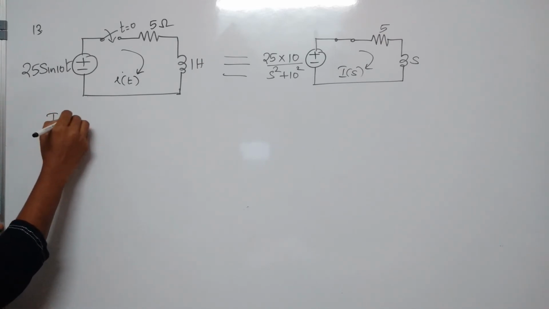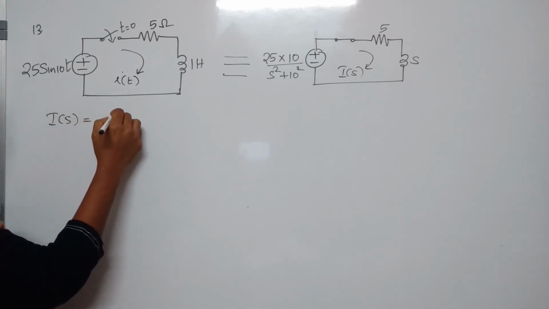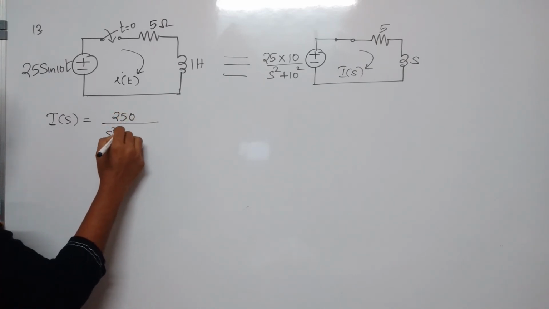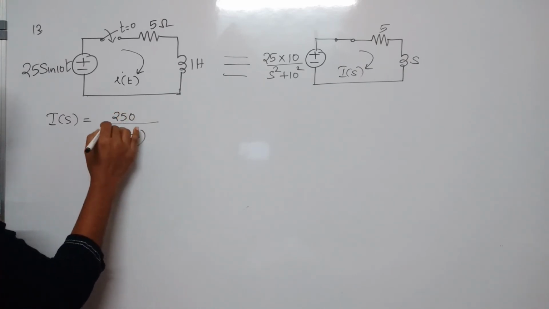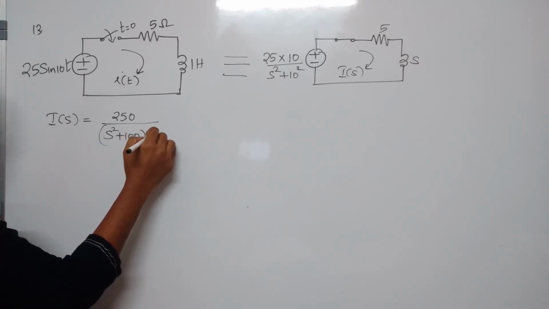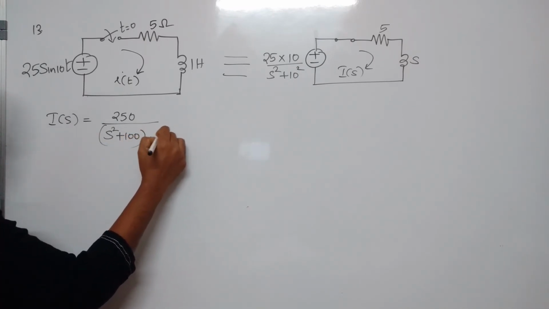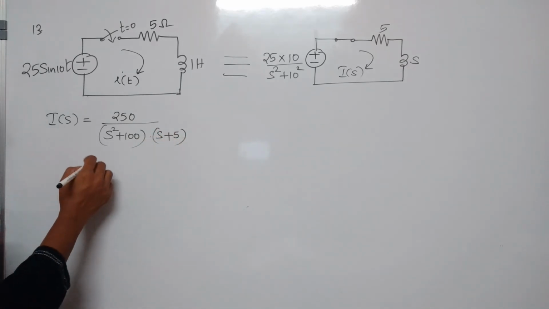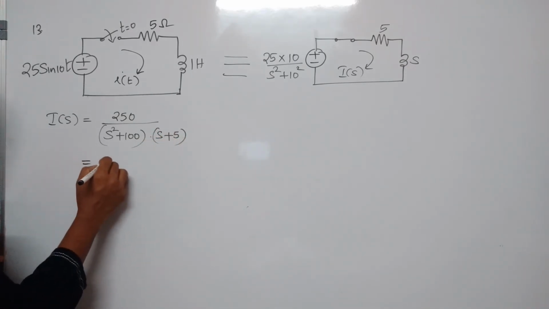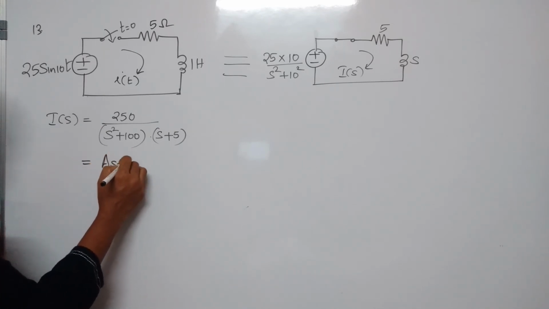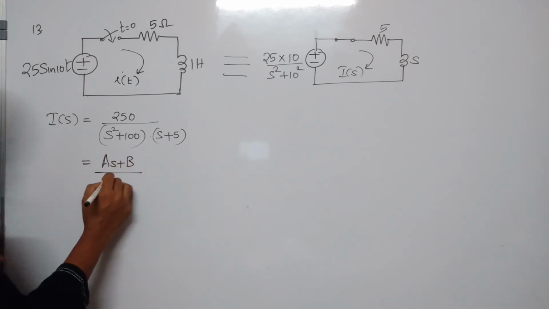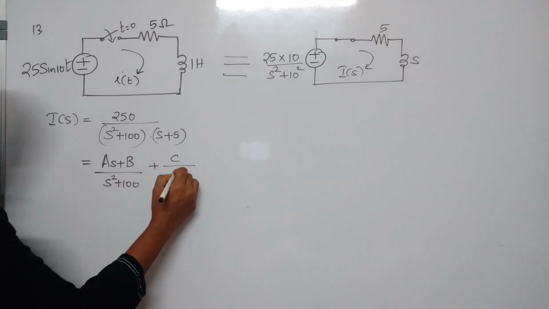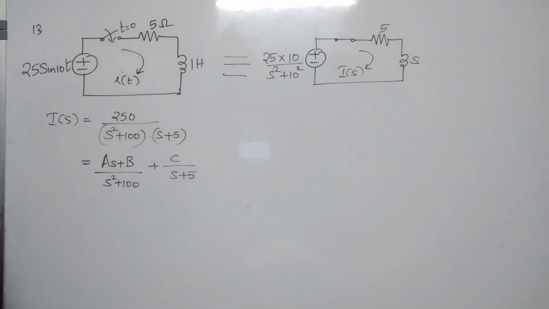So I of S can be written as V is 250 by S square plus 100 divided by S plus 5. Okay. So this can be written as AS plus B by S square plus 100 plus C by S plus 5.